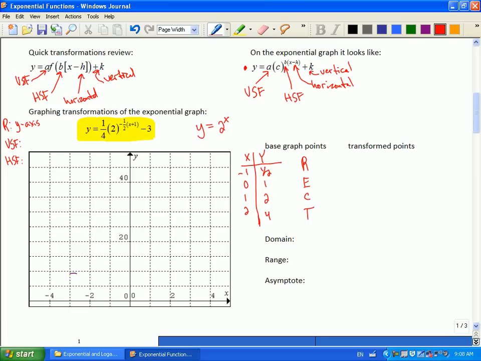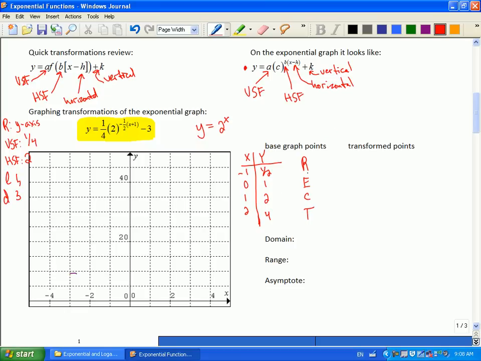What does it do to the graph? Yeah, it multiplies by a quarter. Horizontal stretch factor? Yeah, it's 2. It was a half here, now it's going to be 2. And what about left and right? Left 1, down 3. Yeah, so I'll just put left 1, down 3.